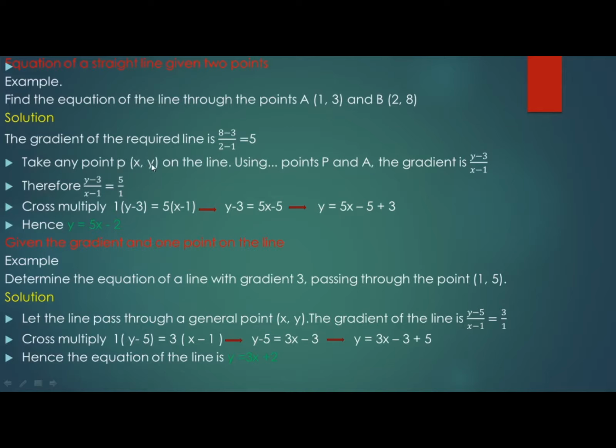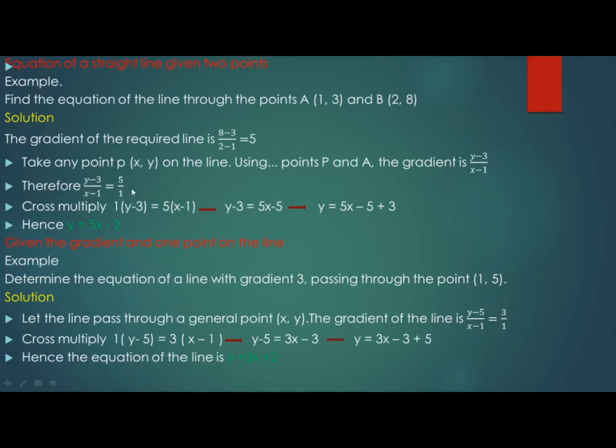So the gradient will be y minus 3 over x minus 1. And that gradient will be the same throughout the line. Therefore, y minus 3 over x minus 1 will be equal to the gradient that we got, which is 5 over 1.